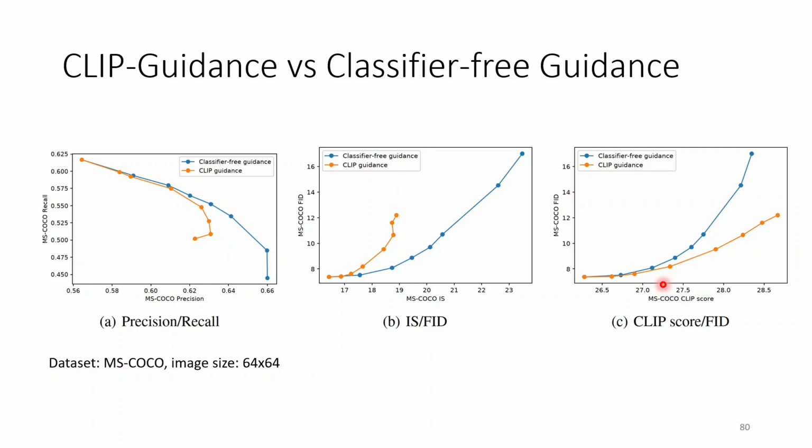So let's recall what CLIP score is. In CLIP there is a text encoder and an image encoder. The text encoder will generate a vector to represent the text, the sentence. And the image encoder, okay, let's go to the figure.